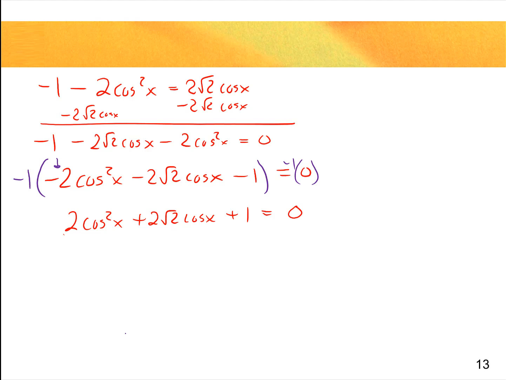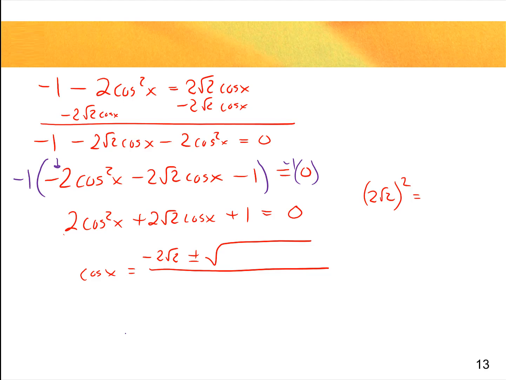Cosine x is equal to -b plus or minus square root of, and be careful here, it's going to be b squared, so this times itself. This is going to be 2 times 2, which is 4, and radical 2 times radical 2, which is 2, which is 8. So this is 8 minus 4 times a times c, all over 2 times a.